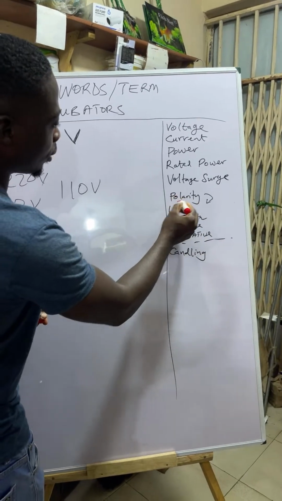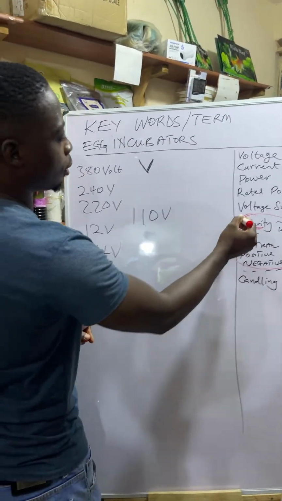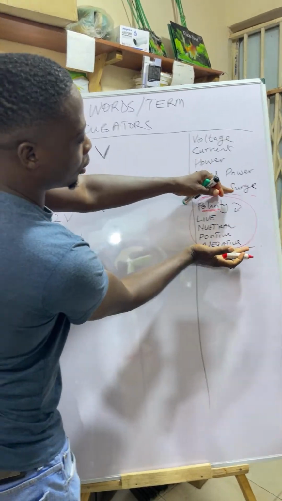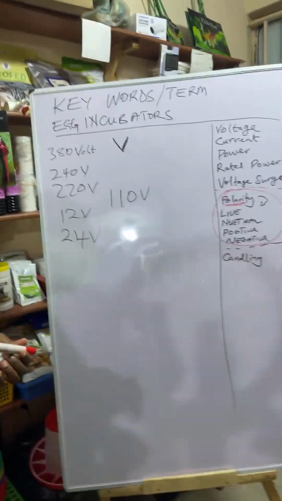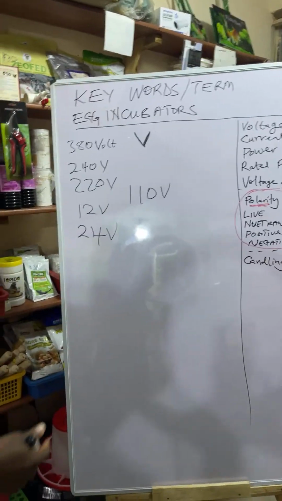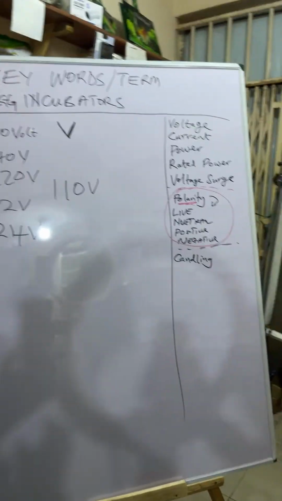Okay, so polarity, this is one group. I was just trying to separate. So this and then this. So we have many types of voltage ratings.